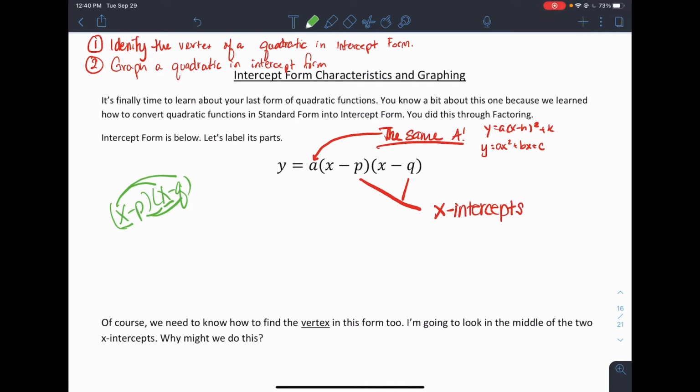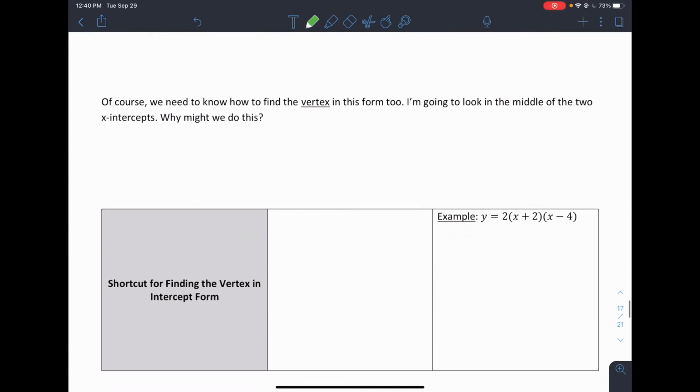So with that being said, we need to be able to find the vertex. As we've talked about, the vertex is the most important part of the parabola. It's the part that helps us find the rest of it. So if we have the x-intercepts, I want to find the vertex. Let's just think about this. If I have some graph, and I have an x-intercept here and here, I'm going to look in the middle of the two x-intercepts for the vertex, right in the middle.